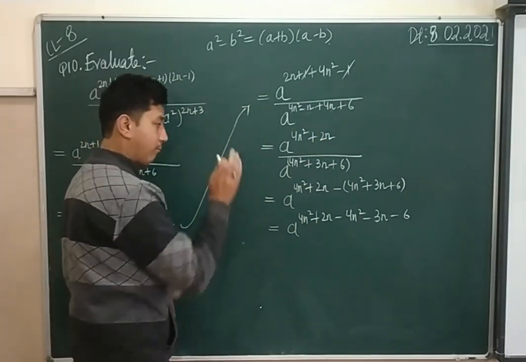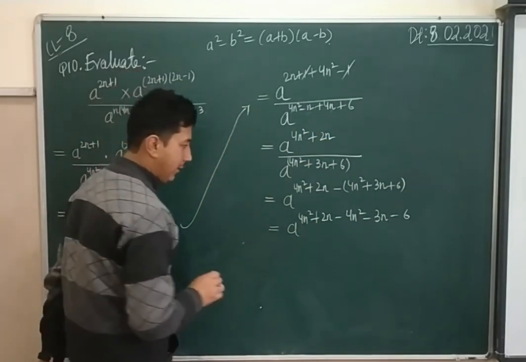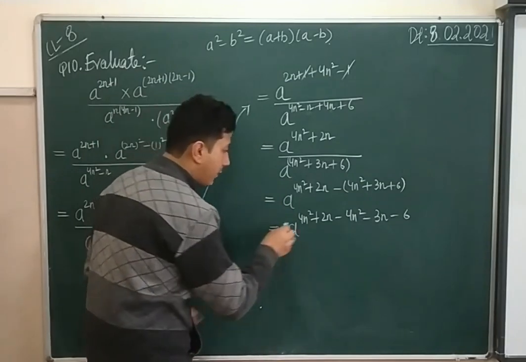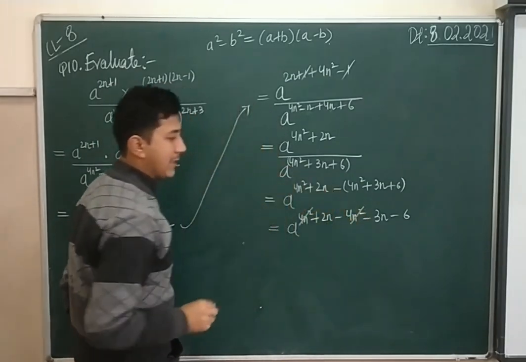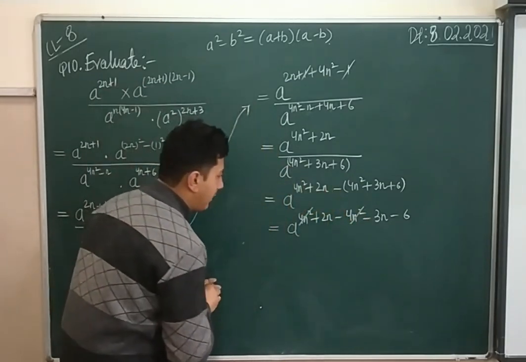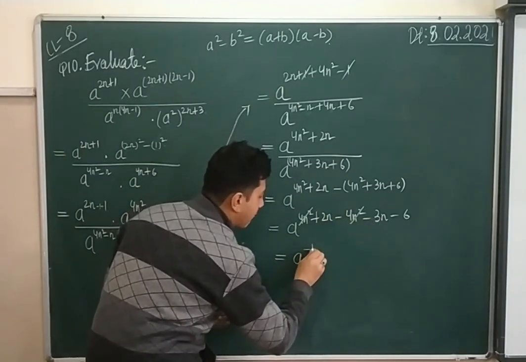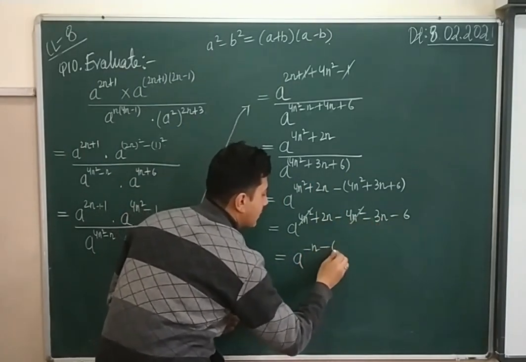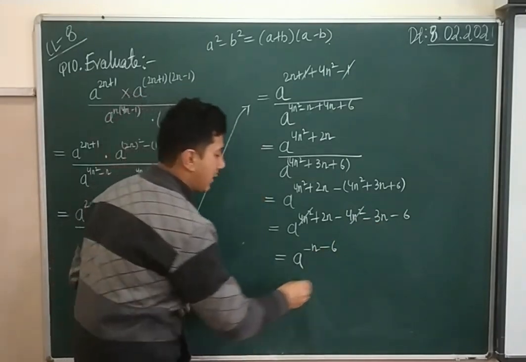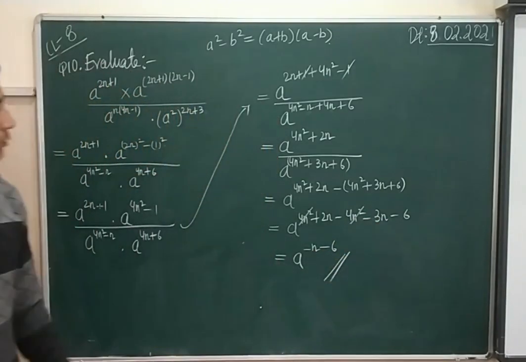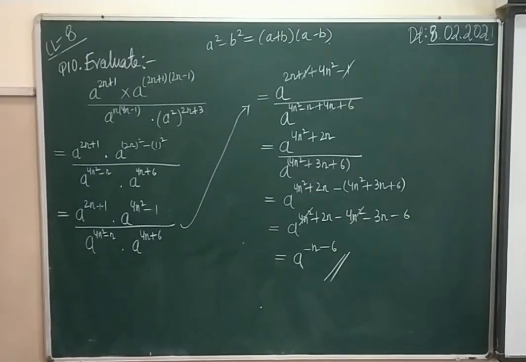If not, pause the video, understand it. Okay, so 4n square and minus 4n square gets cancelled out. Rest will be same. That is a to the power 2n minus 3n minus n and minus 6. So we'll keep this much as the answer. So please pause the video and note it down line by line.